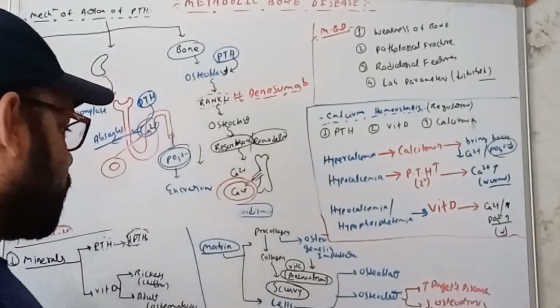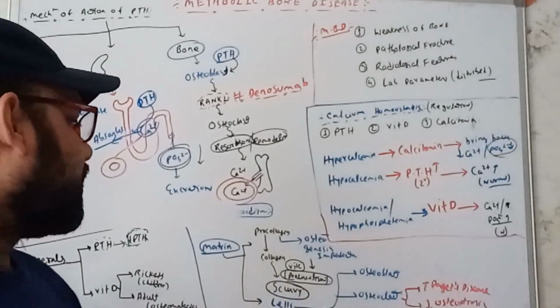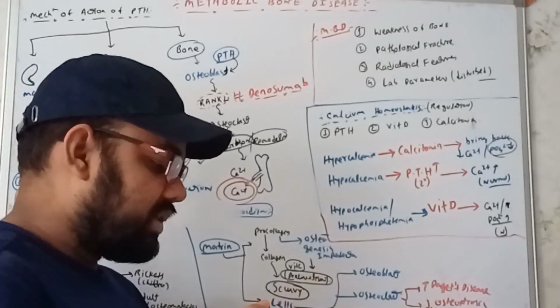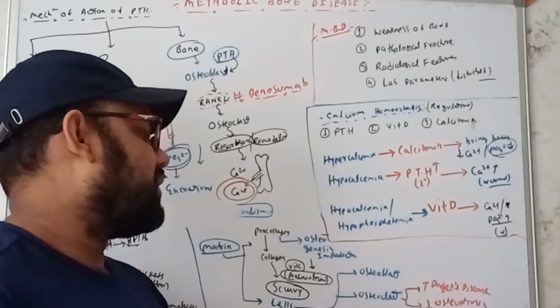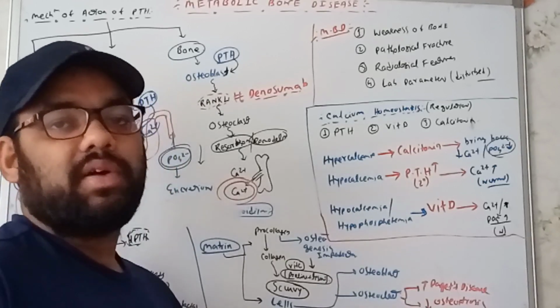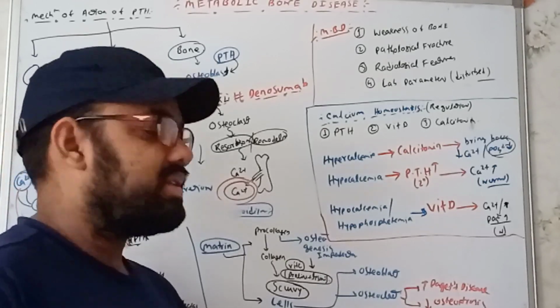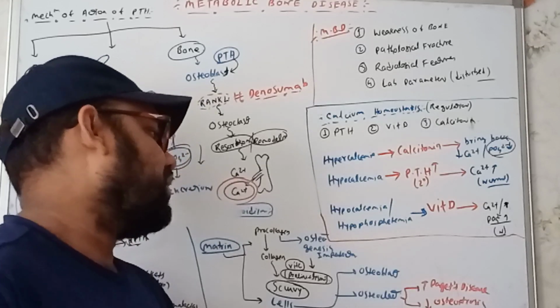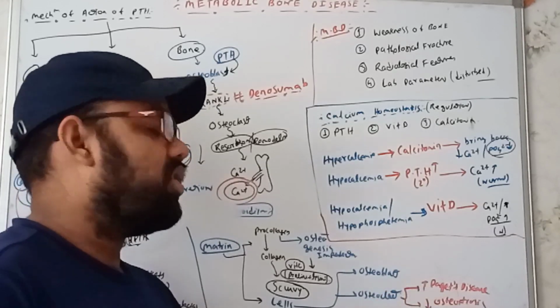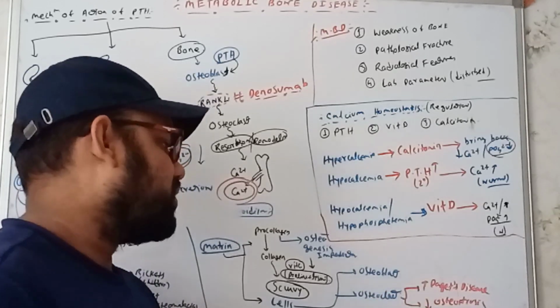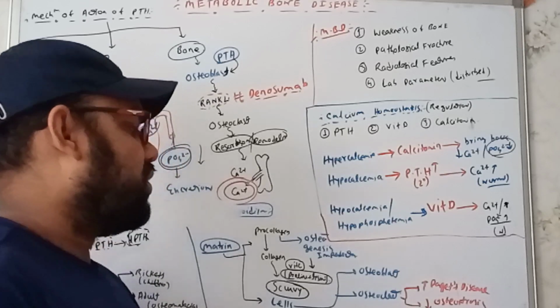So what did I say? At the cellular level, as we know, two kinds of cells are important over here: the osteoblast and the osteoclast. Whenever the function of the osteoclast is increased, it will develop ultimately into Paget's disease. Whenever its function is decreased, we will see the development of osteoporosis.